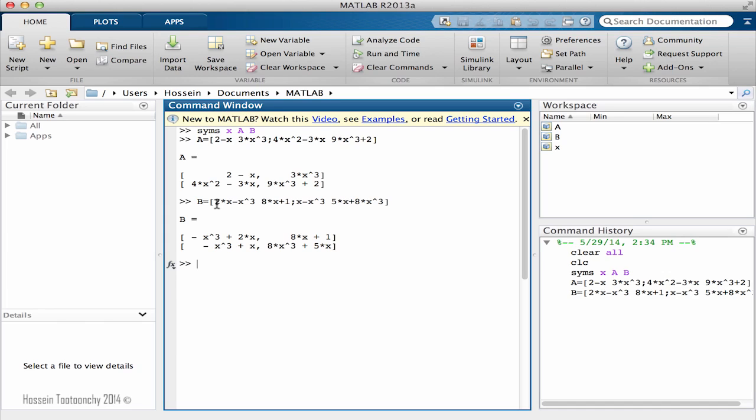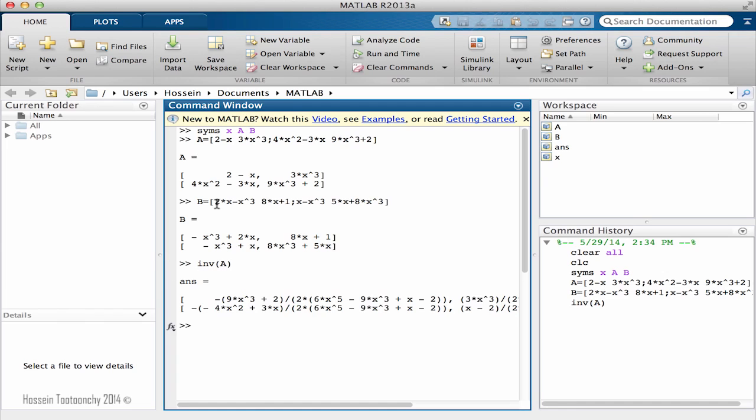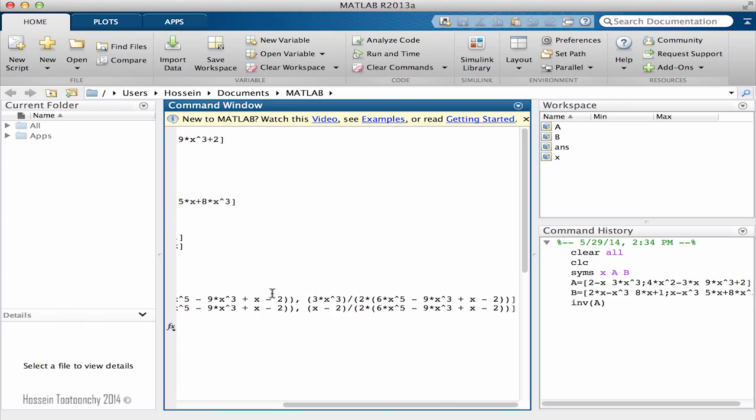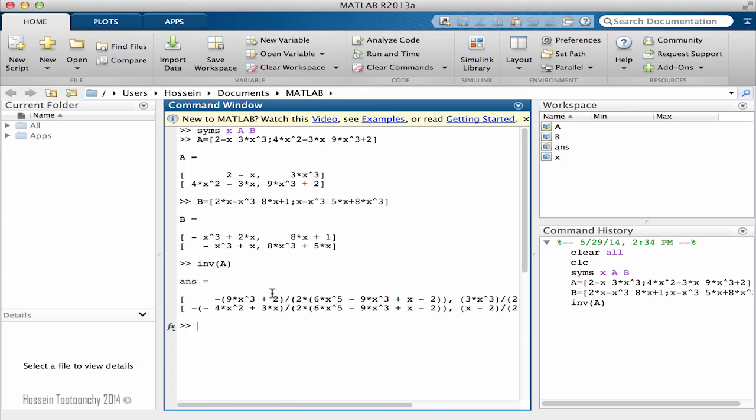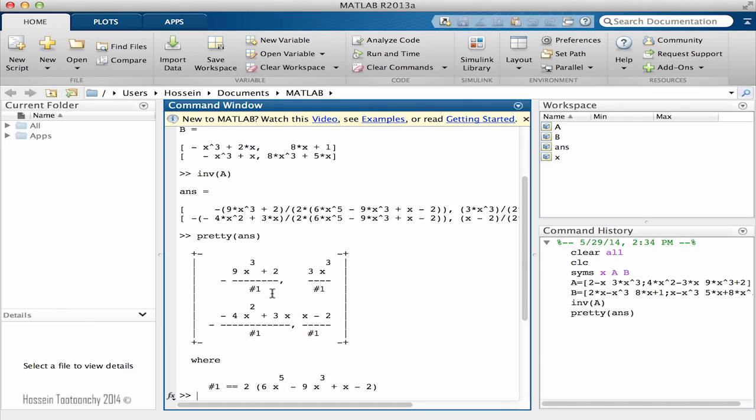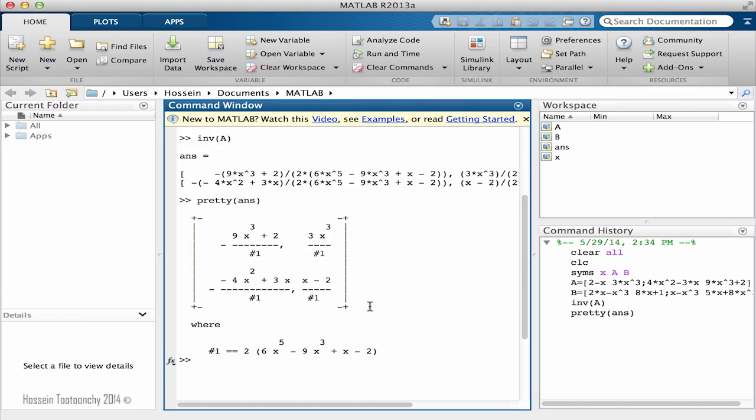They're all symbolic, and I'm going to show you that it's really easy for me to calculate, for example, the inverse of A. MATLAB has no problem to calculate the results symbolically, and also we can pass pretty, and MATLAB can show it very beautifully.